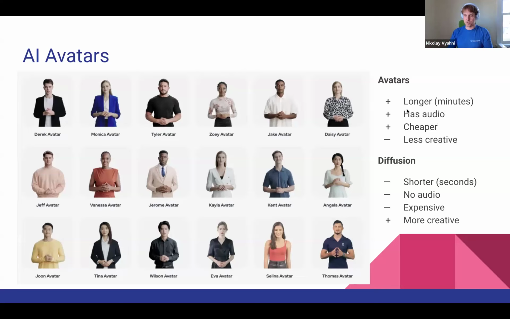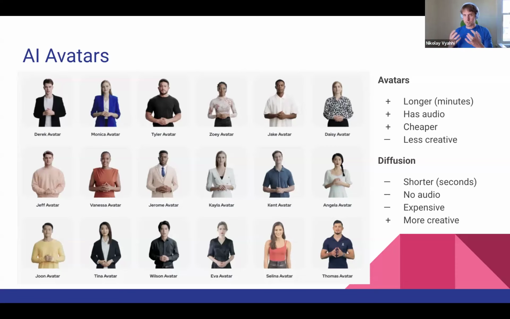Avatar products usually have audio because it's the main use case. You basically put a voiceover on the avatar and do lip syncing. So avatars have audio, and diffusion does not. Avatars are cheaper because they're not trying to create something new. They mostly already have a short clip or multiple short clips of this person talking, raising hands and so on.